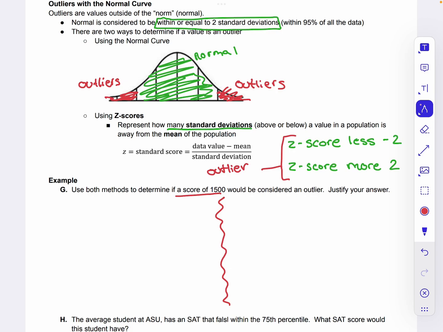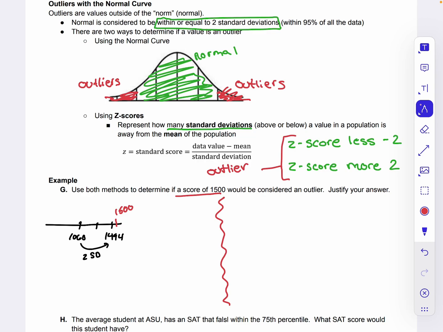If I think about my normal curve in this situation, and resketch a small picture here, I had 1060 as my mean, 1277, and then 1494 was 2 standard deviations above. So 1500 would fall somewhere like here. Clearly 1500 is above 2 standard deviations away.